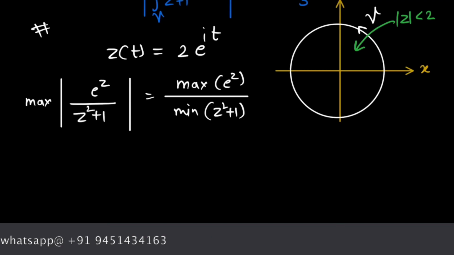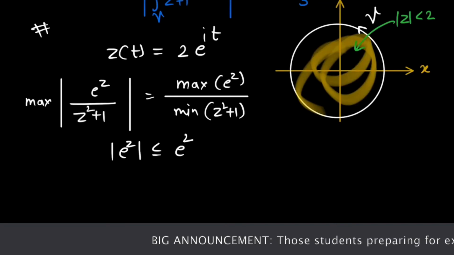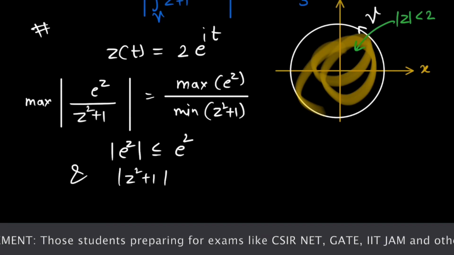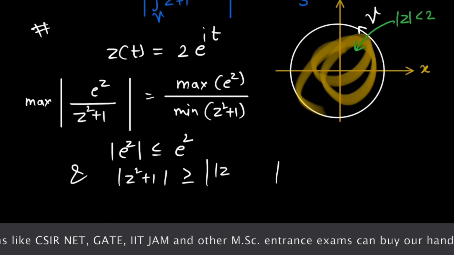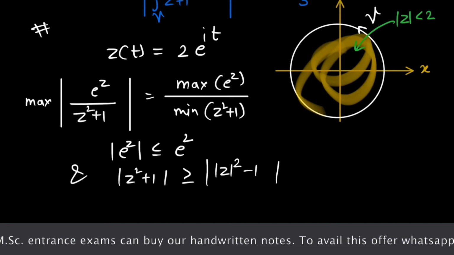So this function e raised to power z will be less than or equal to e raised to power 2 in this region. And the modulus of z squared plus 1 will always be greater than or equal to the modulus of z squared minus 1, from the property of modulus.